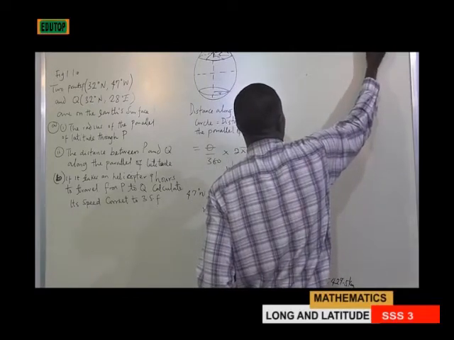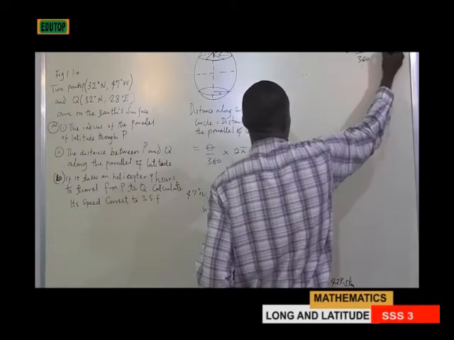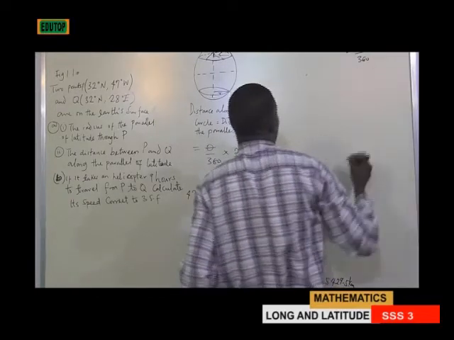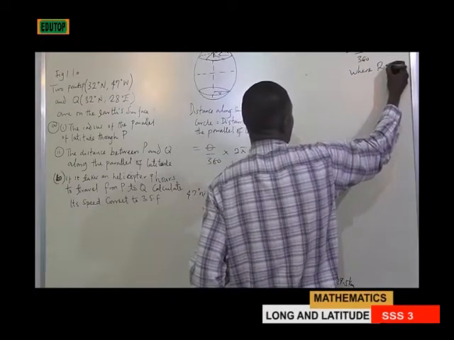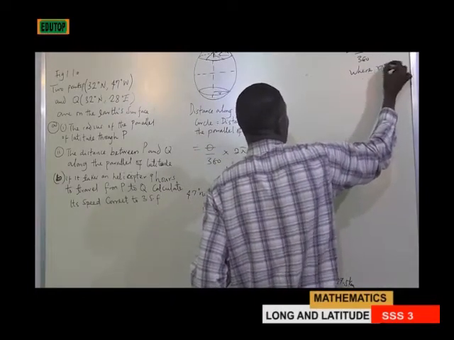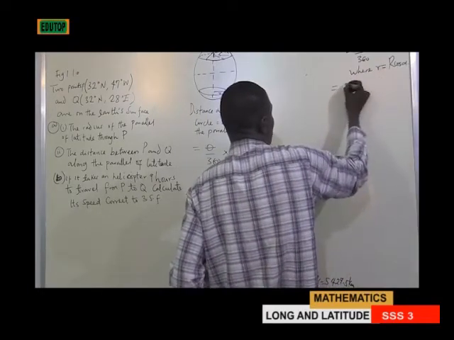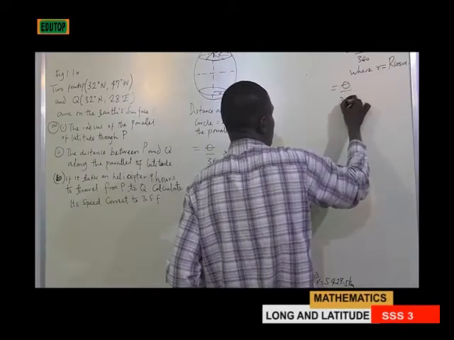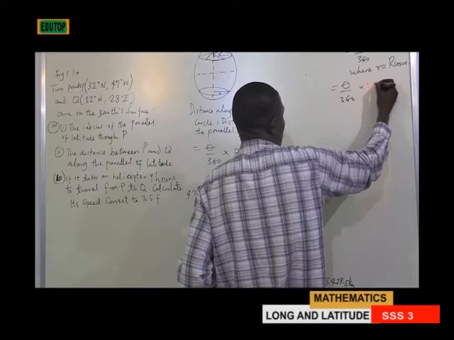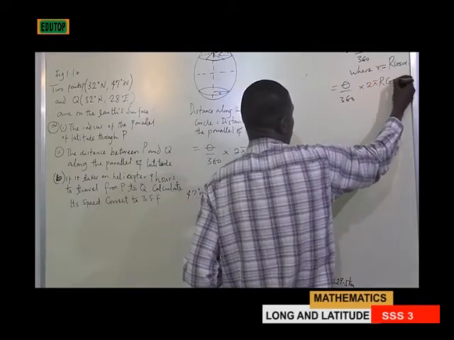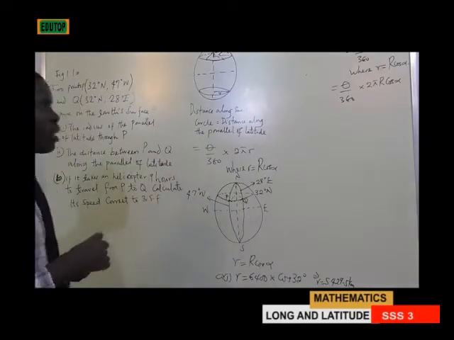So here what we are meant to use is theta over 360 times 2 pi small r, where small r is equal to R cos alpha. So I can rewrite this formula as theta over 360 times 2 pi R cos alpha, since our small r is that value.